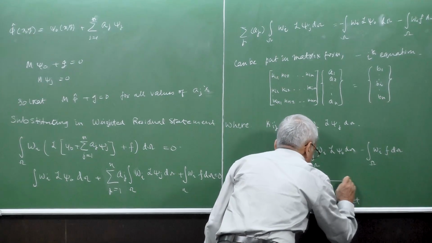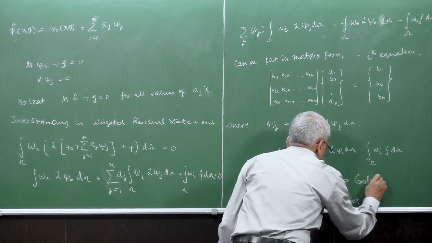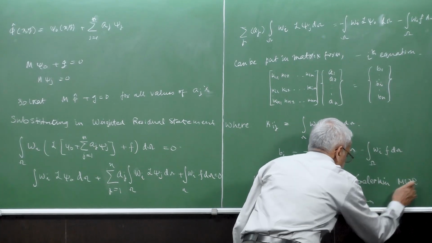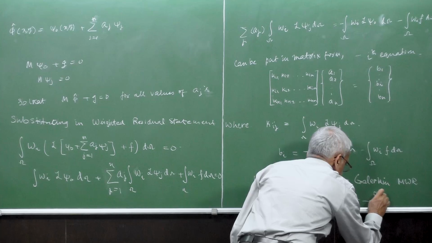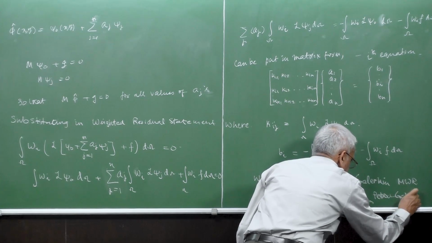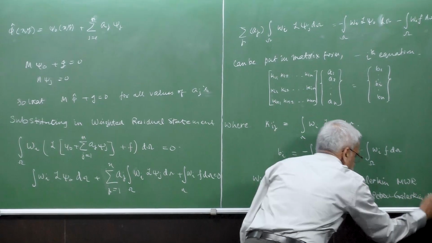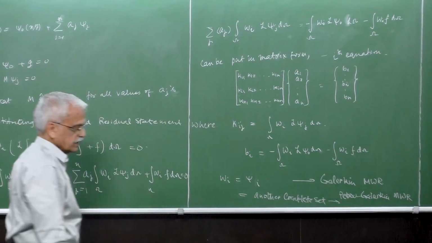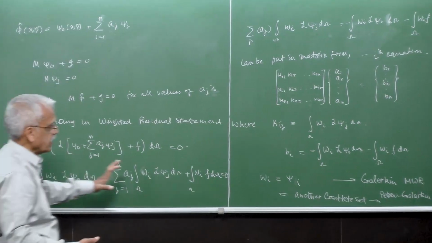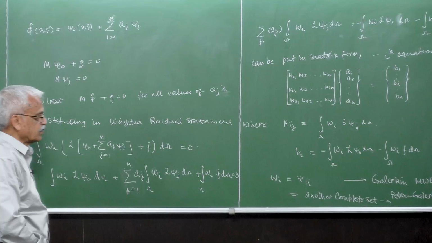So this first one is known as Galerkin method of weighted residuals, and this is Petrov-Galerkin. Okay, so this is in a nutshell. The whole method of weighted residuals can be put just in this form of algebraic equations, right?